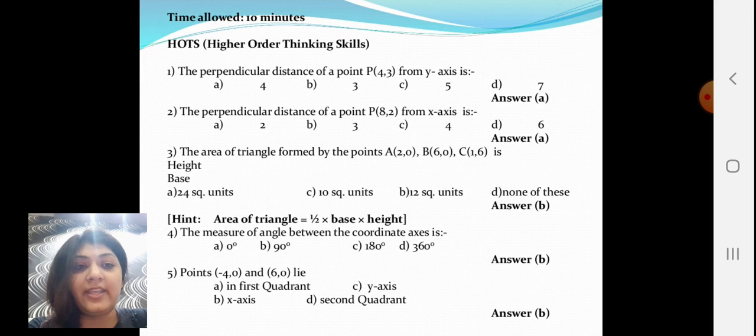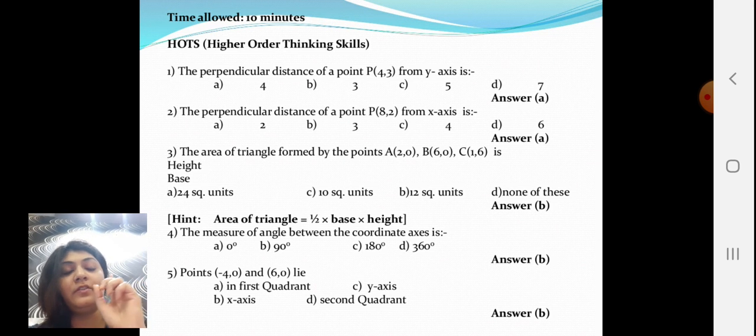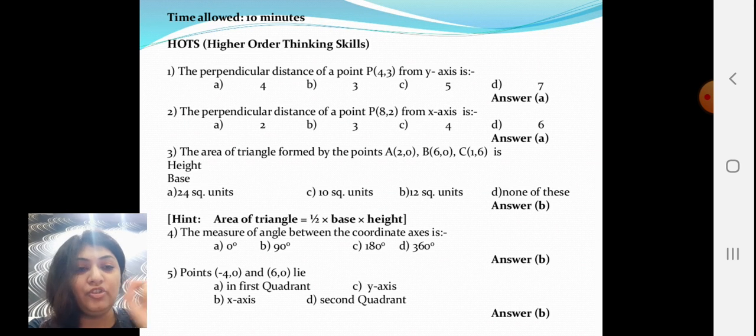The area of the triangle formed by points A, B, C: you have to plot this on the graph and then find the area. First plot these points, join the lines and then take the base and the height, and you know how to find the area of a triangle, that is 1/2 base into height.